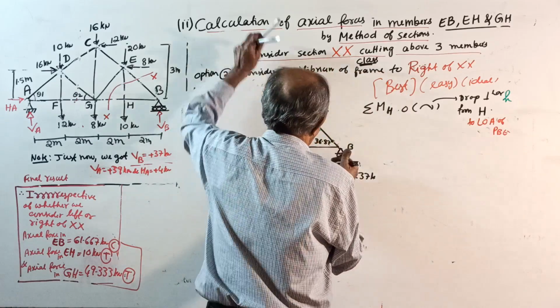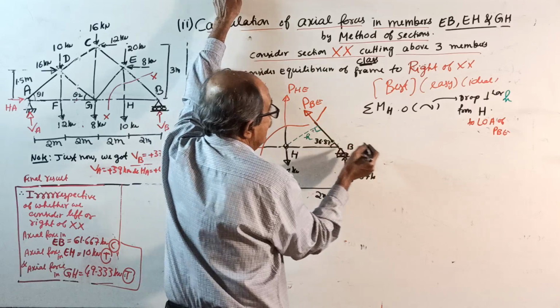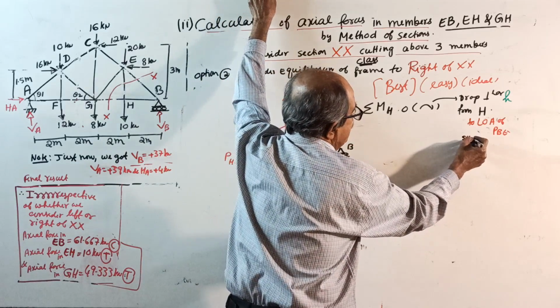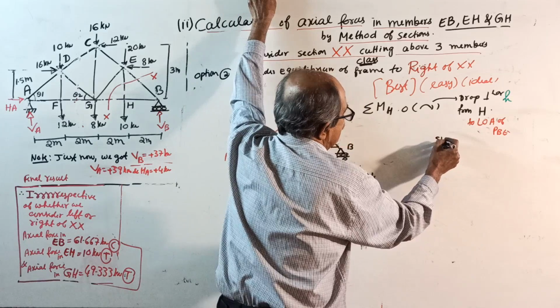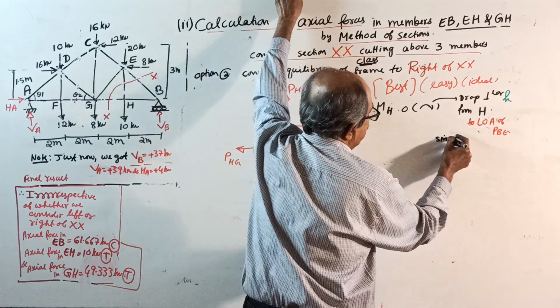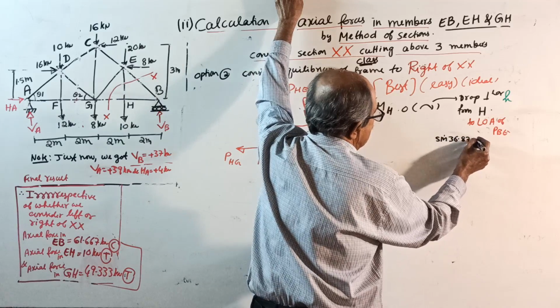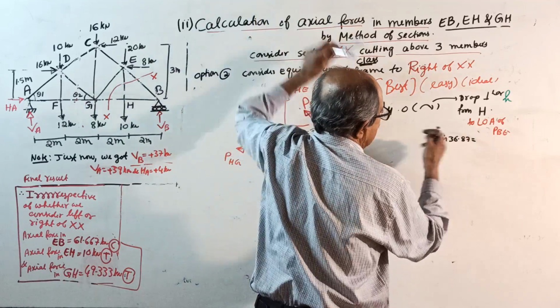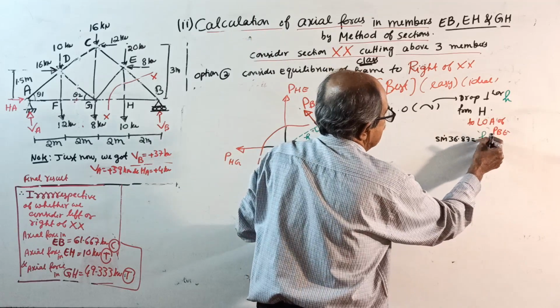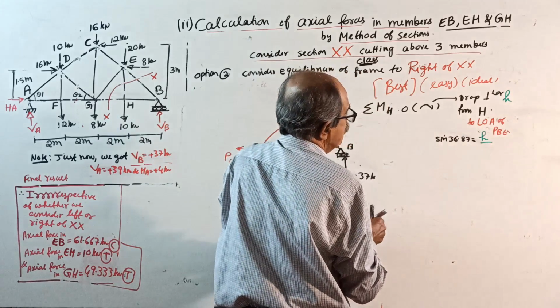Use trigonometry here. Sine of this angle, sine of 36.87 equal to h, that unknown height h, divided by 2.